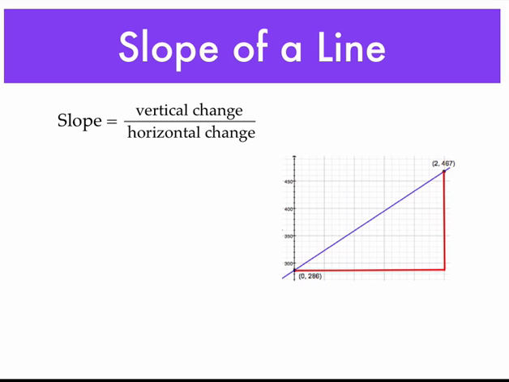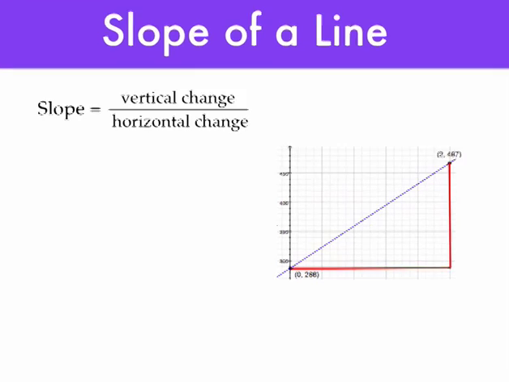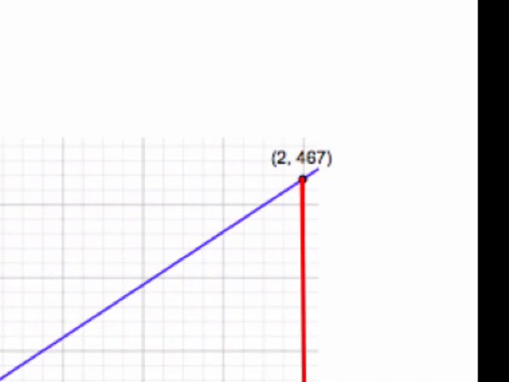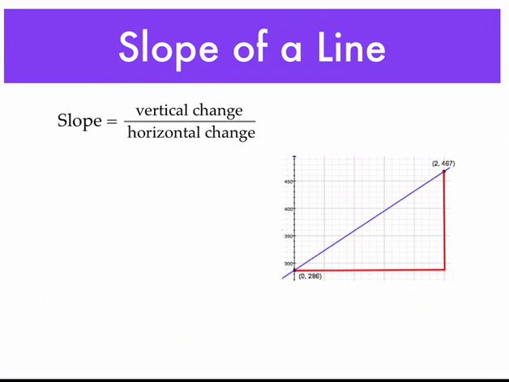For example, look at the baby whose weight is represented by the blue line. His weight at birth was 286 pounds, and at 2 months it was 467 pounds. We represent these quantities as 0, 286 and 2, 467. To find the slope of this growth, you would find the vertical distance divided by the horizontal distance.